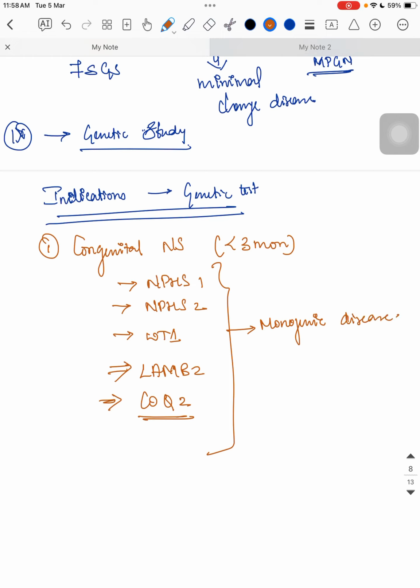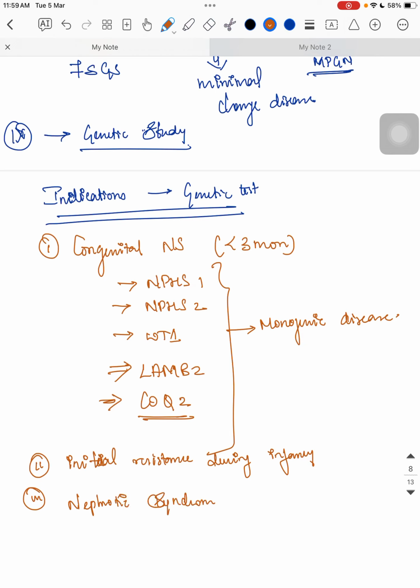Okay, fine. One indication is congenital nephrotic syndrome, another one is initial resistance, that is occurring during infancy. Next is nephrotic syndrome with extrarenal features.